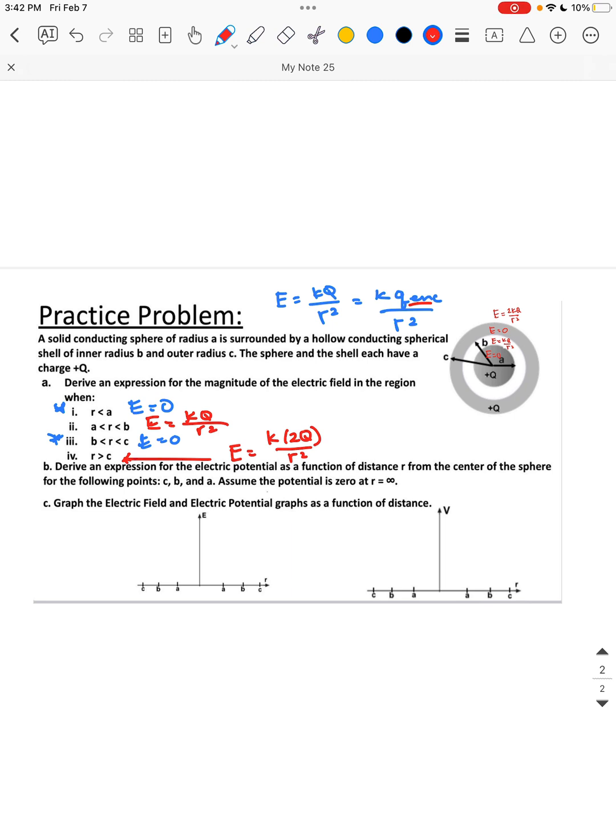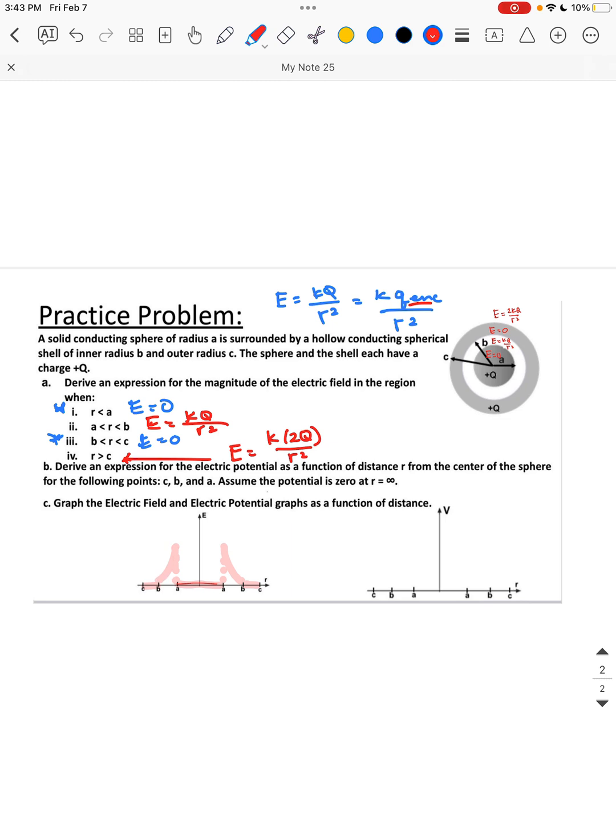I forgot to graph it, so let me graph it first. We know that it is 0 within our conductive sphere, and 0 within our shell. We know that it is kq over r squared at some surface, so I'm going to draw a curve and a curve.